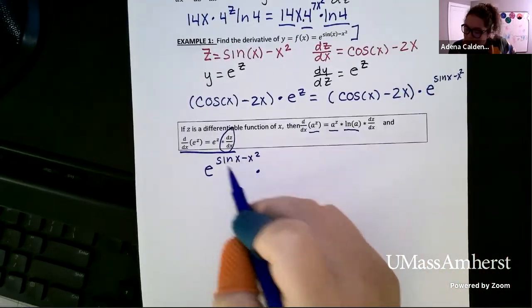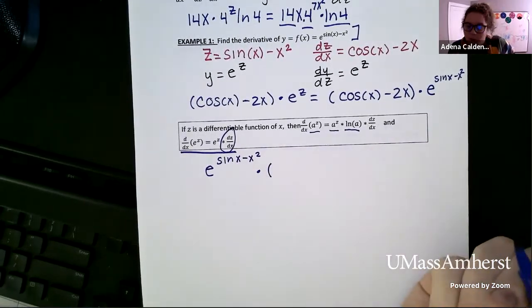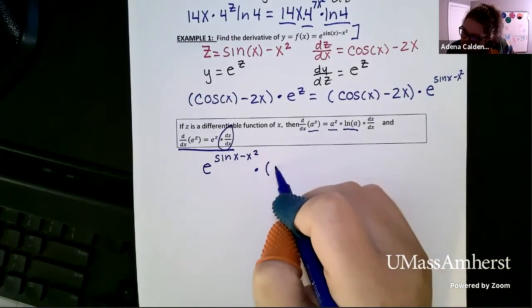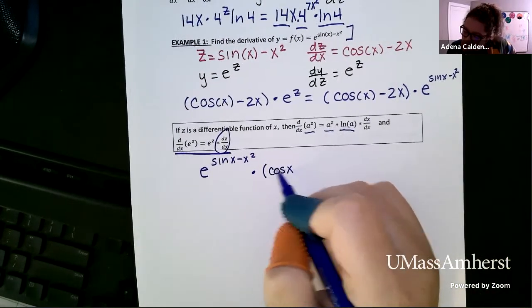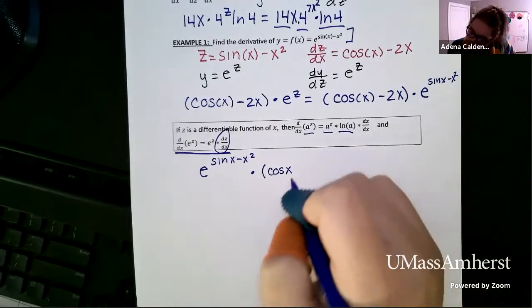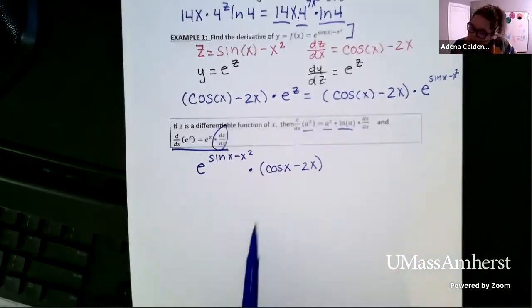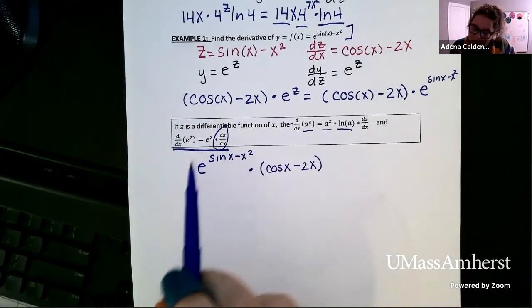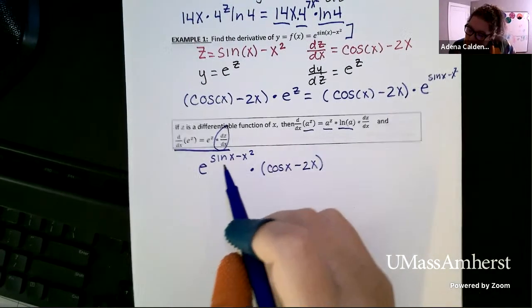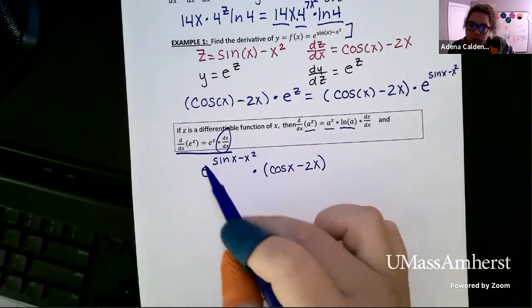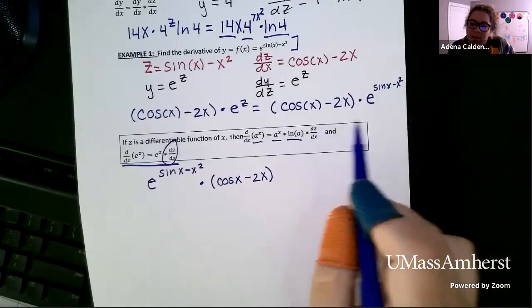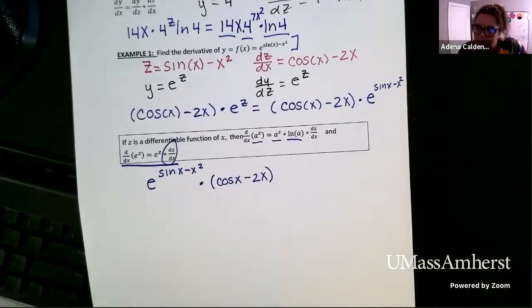So here I notice that the power has two terms, so I use parentheses. The derivative of sine is cosine. The derivative of x squared is 2x. So here, all I had to do was copy down the original function and then separately consider what the derivative of the power will be. And I get the same thing that I did with my z substitution.